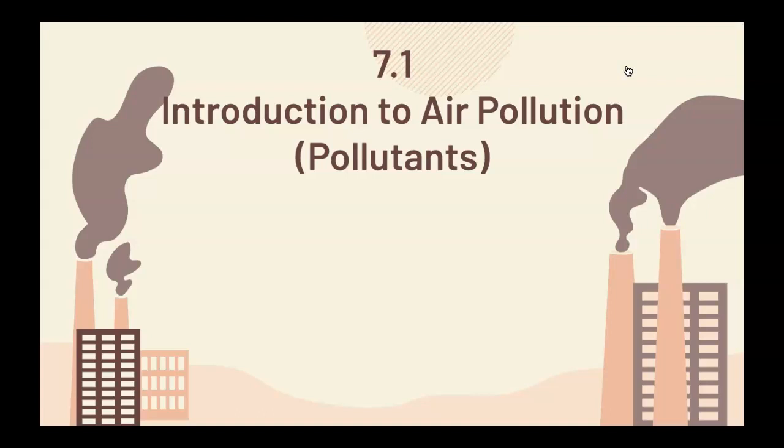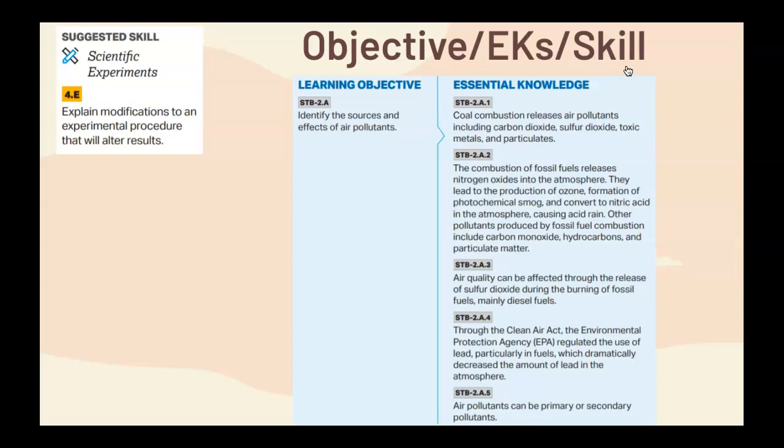If you just throw around the word, the problem is air pollution, you're not going to get credit for it. So you need to be able to identify the sources and the effects of various air pollutants. And we'll go through all of this essential knowledge throughout the video here.